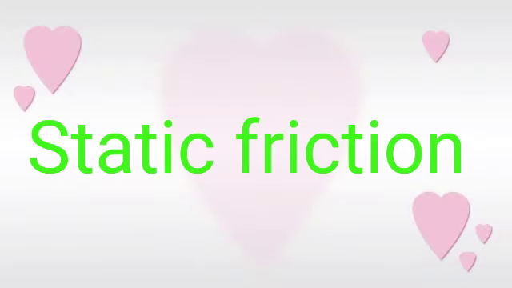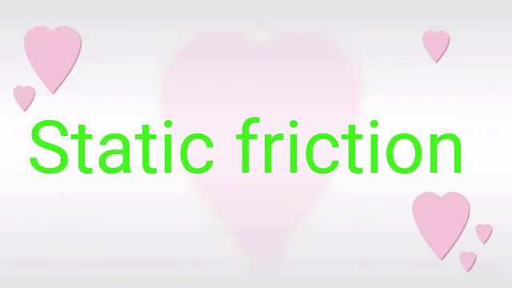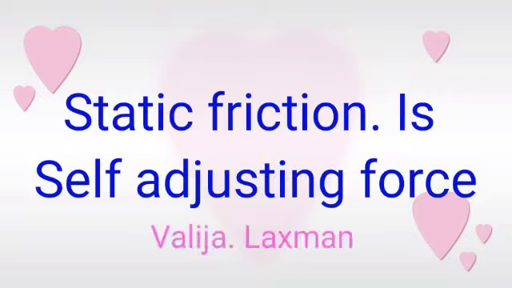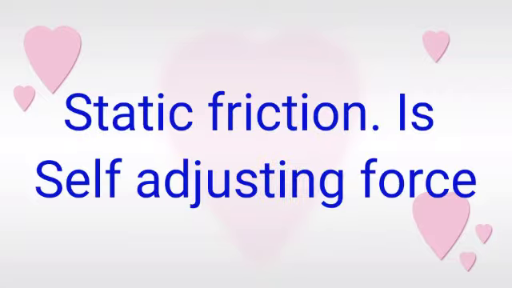When the applied force increases, the static friction also increases. And we already know that static friction is a self-adjusting force. So the net force on the body remains zero as the object does not move and is in the rest position.